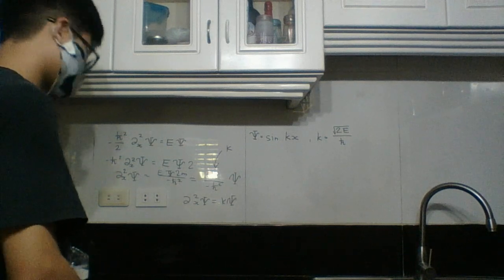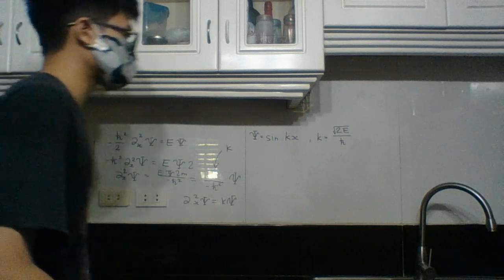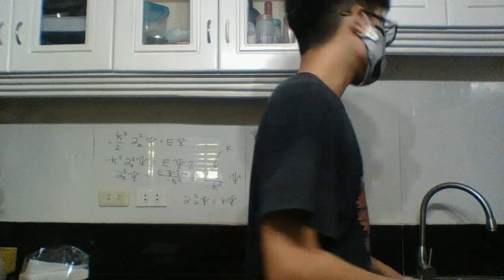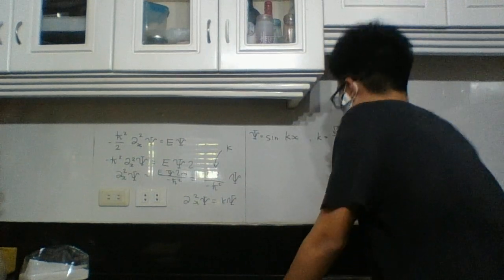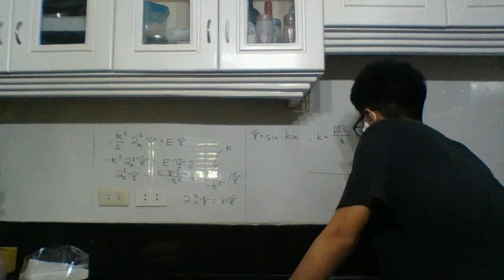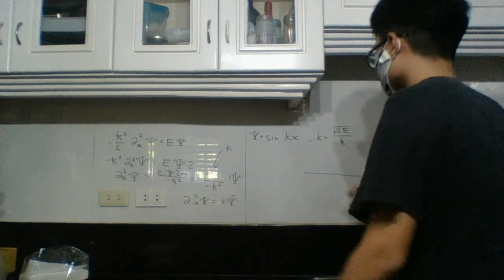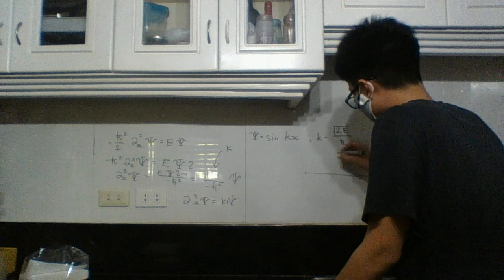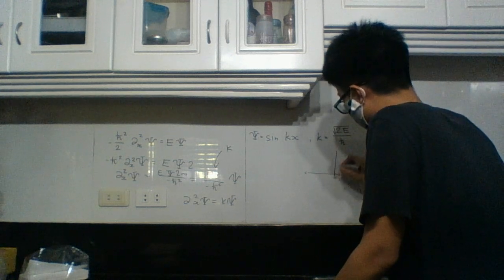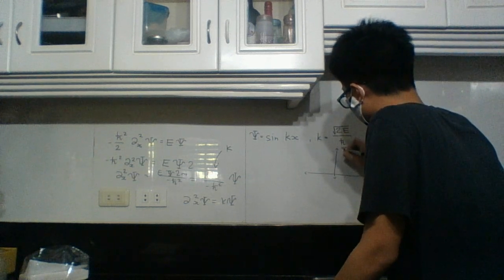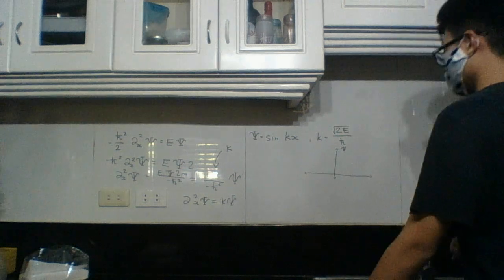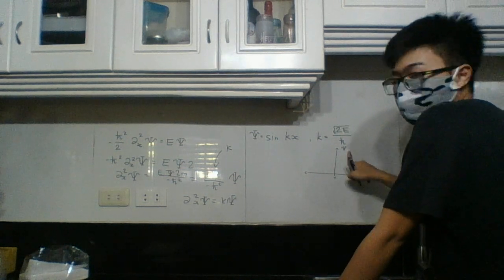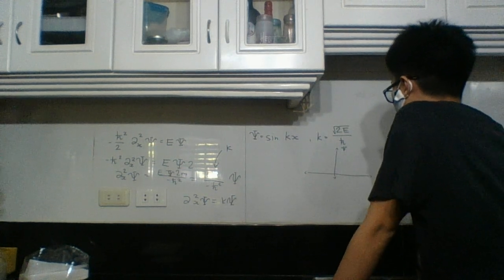Let's construct the problem as a picture. This is our x-axis, which determines whether at this point we get a yes or a no from the girl. This is the y-axis, which determines our wave function. So this wave function psi is a function of x, of course.